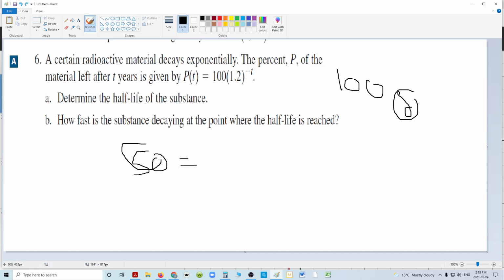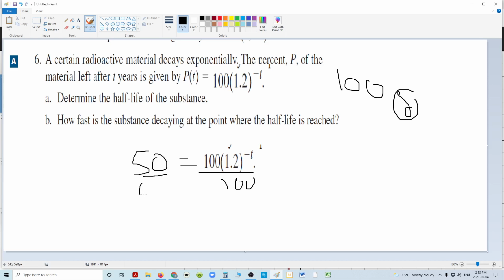So now I need to set 50, which is half of 100, which is the half-life. When is that going to be equal to this? Well, first we're going to divide both sides by 100. And I get 0.5 here. This disappears. Now, the only way to bring minus t down is to take the log of both sides, or the ln, doesn't matter what.